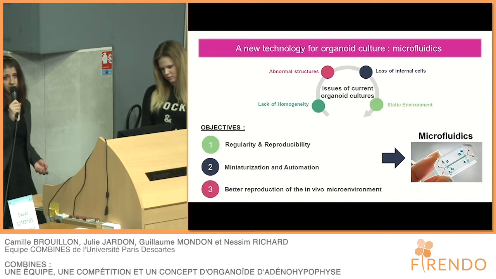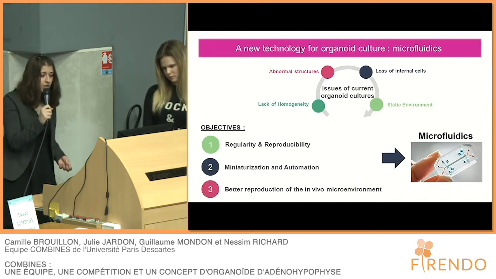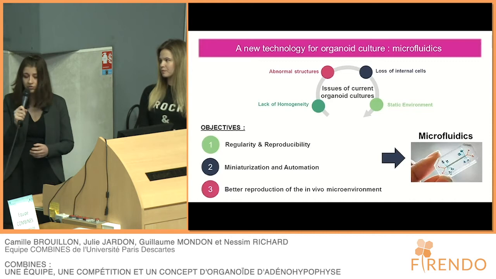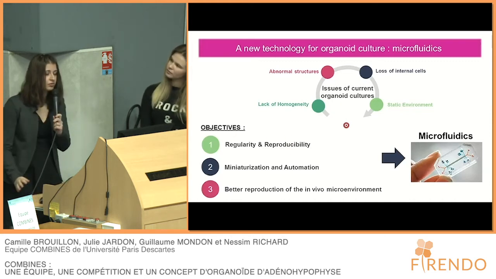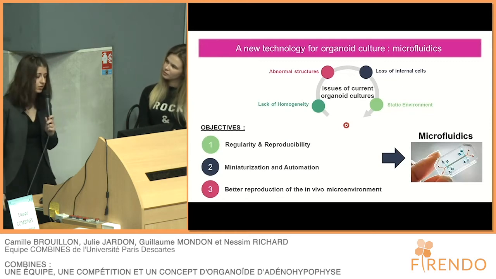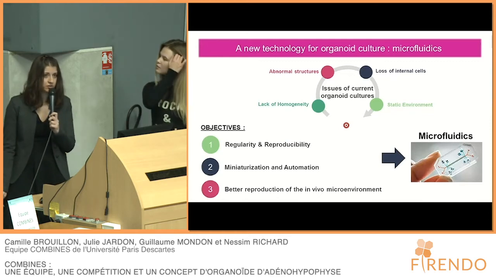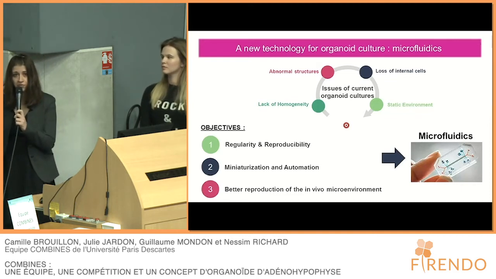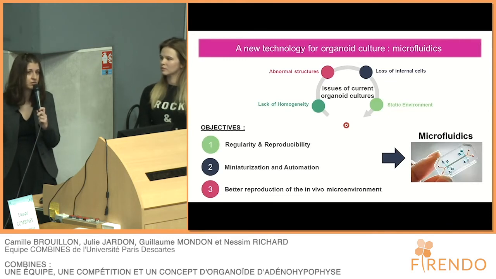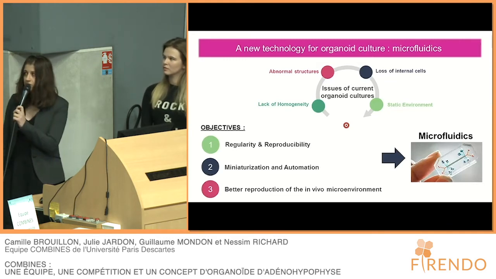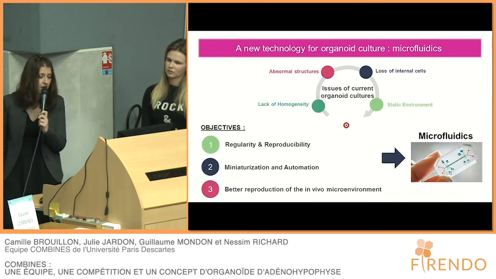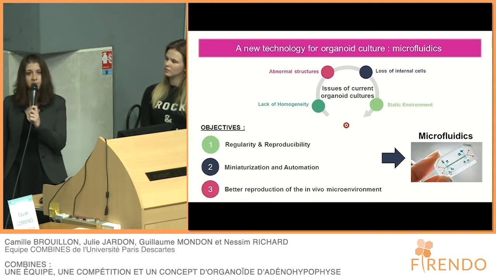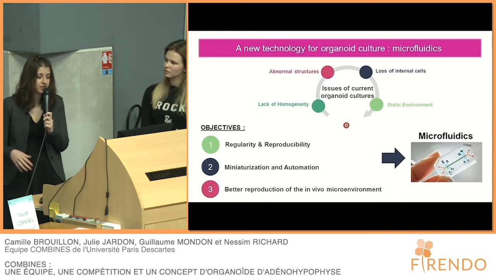So our objective was to use a new technology to culture organoids, which is microfluidics, to first optimize the regularity and reproducibility of the protocol, to miniaturize the culture, and by that save cell media and factors, which are quite expensive when we perform cell cultures, but also to automate the cell culture processes, and also to better reproduce the microenvironment in which the cells are cultured.